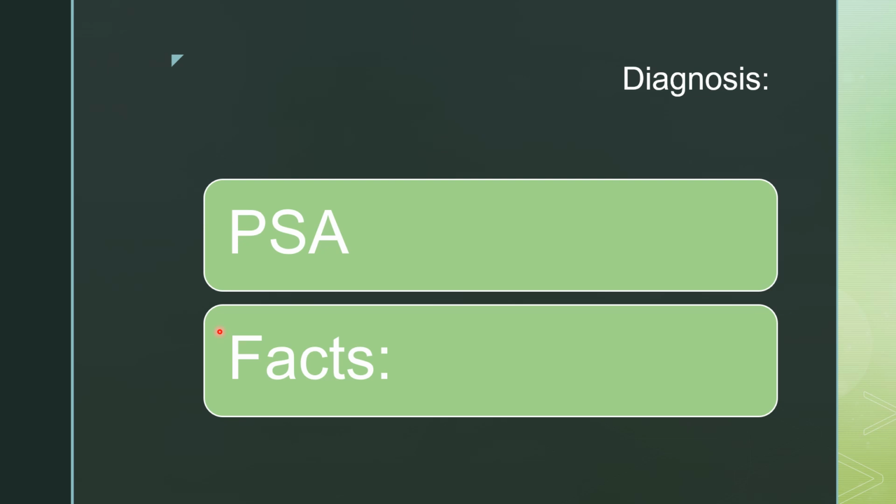Prostate-specific antigen is a protein made by the prostate gland epithelium, right? Normal prostate can make PSA, but in very, very small amount. Cancerous prostate gland can make PSA also, but sometimes we may not have a high level of PSA yet the man is having prostate cancer.